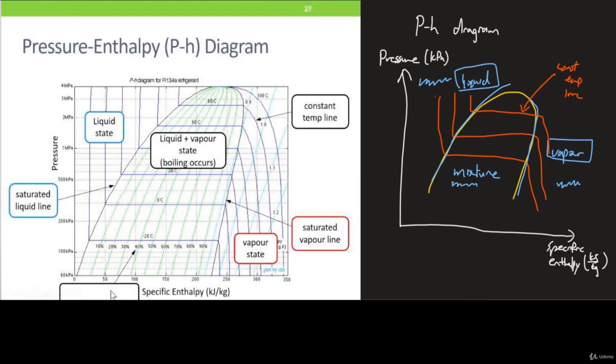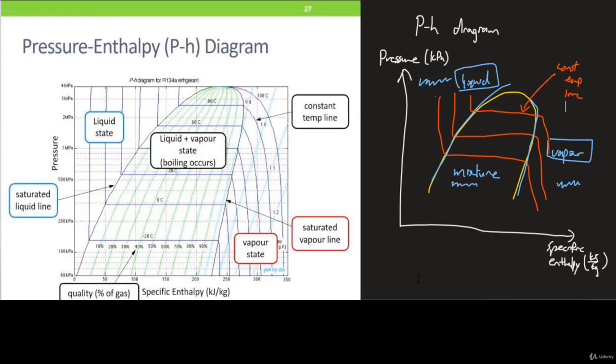Last but not least, like I mentioned before, the percentage tells you the percentage of gas, or there's a term we call the quality of the mixture. So all in all, for the pH diagram, you will need to understand what it represents.